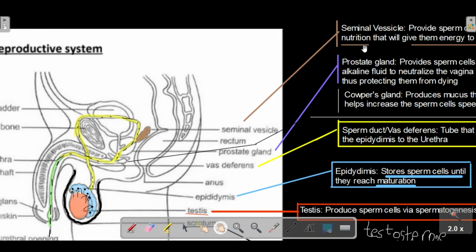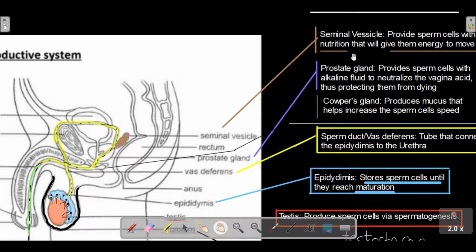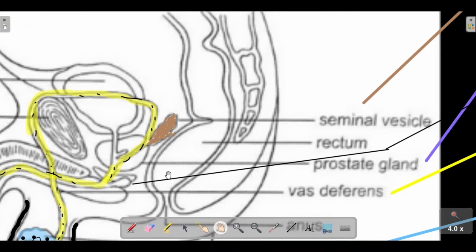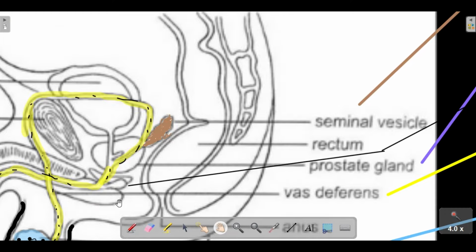The second type of gland that we have is called the prostate gland. So the prostate gland is usually a round structure. It can be oval, it can be round, and you can also spot it as the background gland. So it's usually in the background. If you look at this, you can clearly see that this is the prostate gland. Be able to identify it, guys. It's simply identifiable.